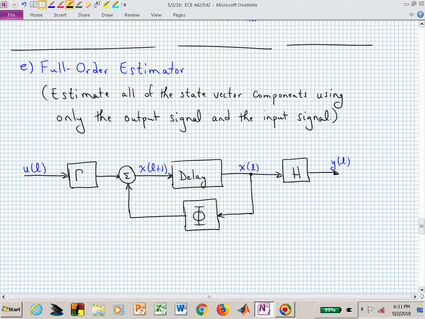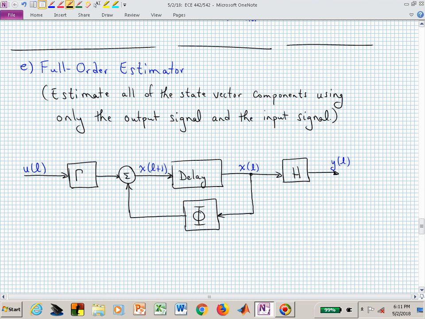This is the system. That's the model of whatever it is that we are playing with. Maybe that's a DC motor. Maybe that's an airplane. Maybe that's a robot. It's describing the dynamic behavior of the system that we want to learn about.